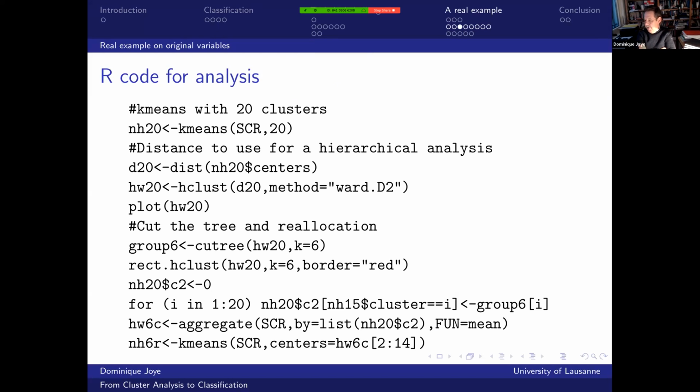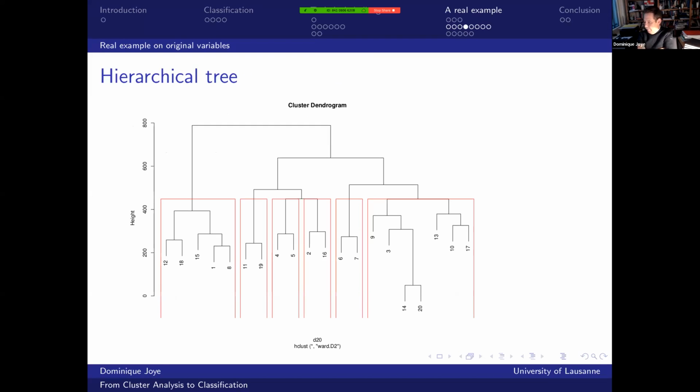And then you have the representation of the hierarchical analysis going from 20 clusters to all the clusters together. In this case I have used the Ward method, and you see that it could be reasonable to decide to keep 6 groups. That's the red groups that I have. Why not?